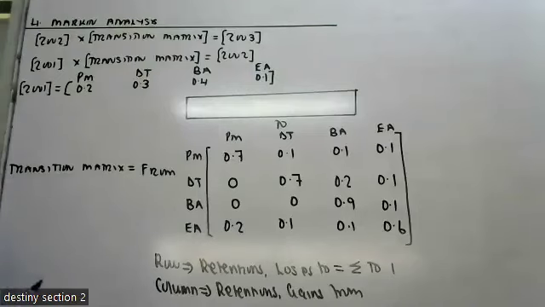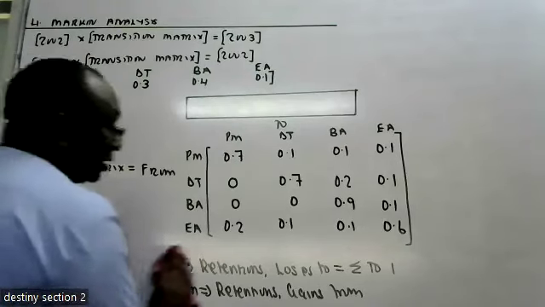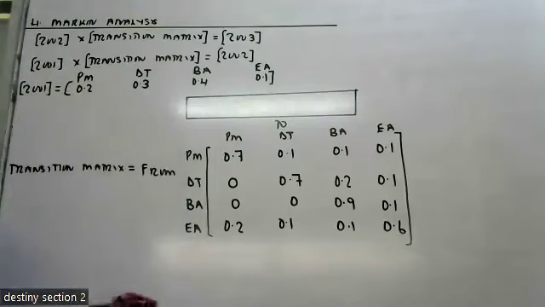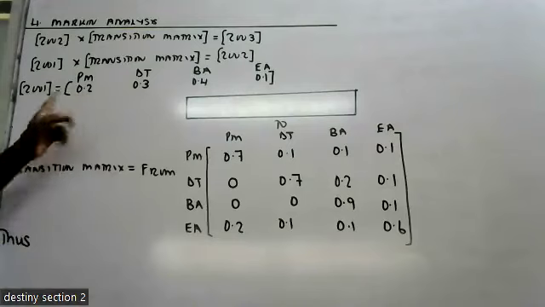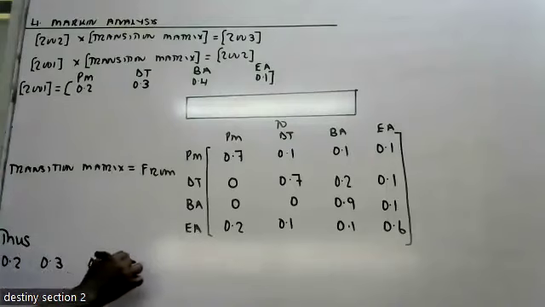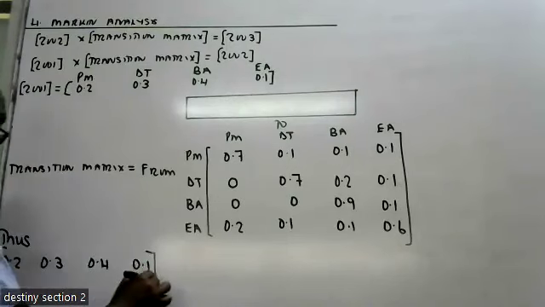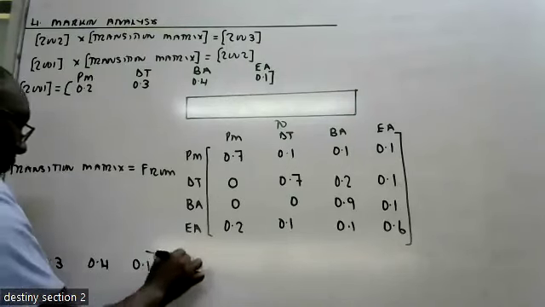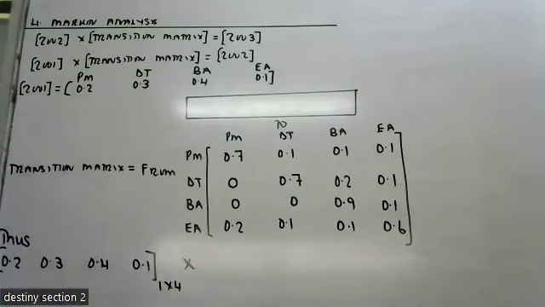So in agreeing with that, I will need now to come here and say thus. If I now take this 2001, according to my formula, 0.2, 0.3, 0.4, and 0.1. Remember, this is a 1/4 matrix.